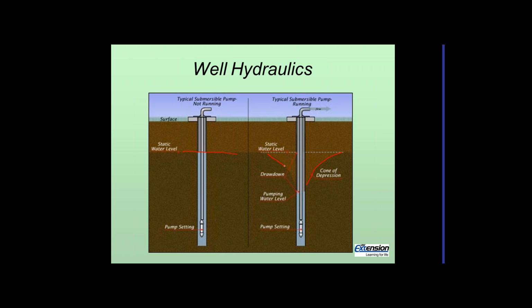So the water level is going to drop in the well to some pumping water level, which is going to be the equilibrium between water flowing in and the pumping rate going out. This is showing a submersible pump, typical of a household or residential pump. The pump is down in the well, and it pushes the water up and out to the end use.